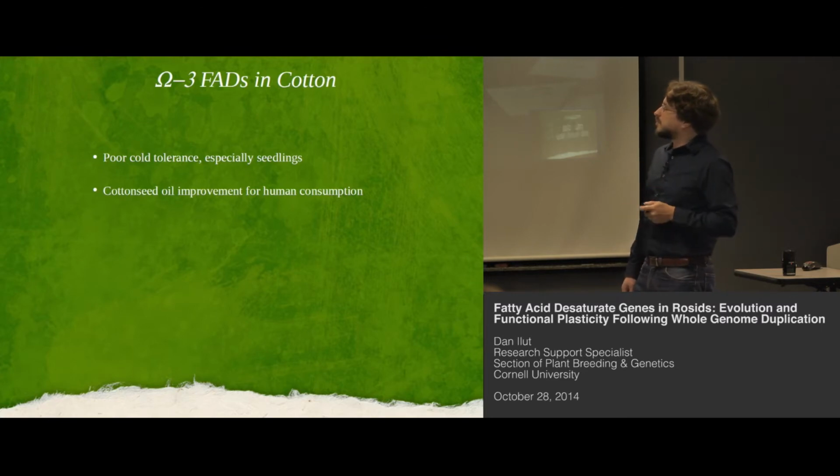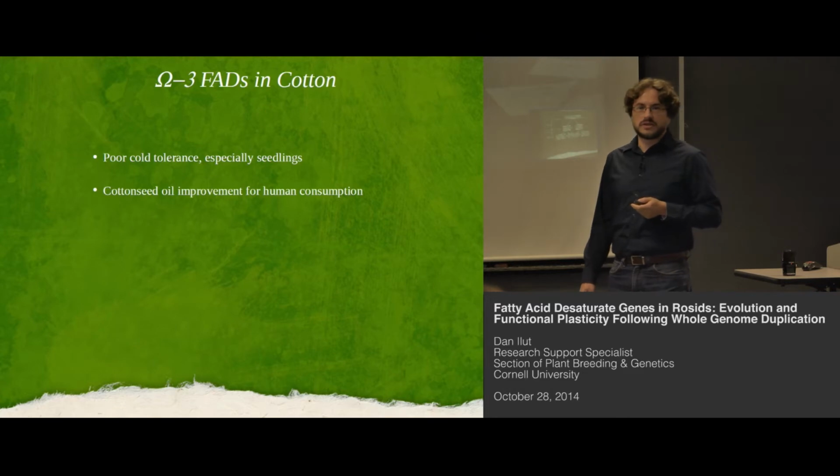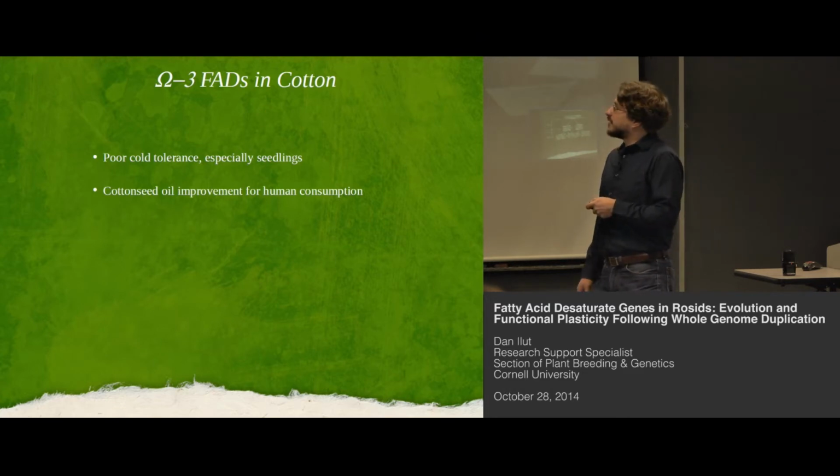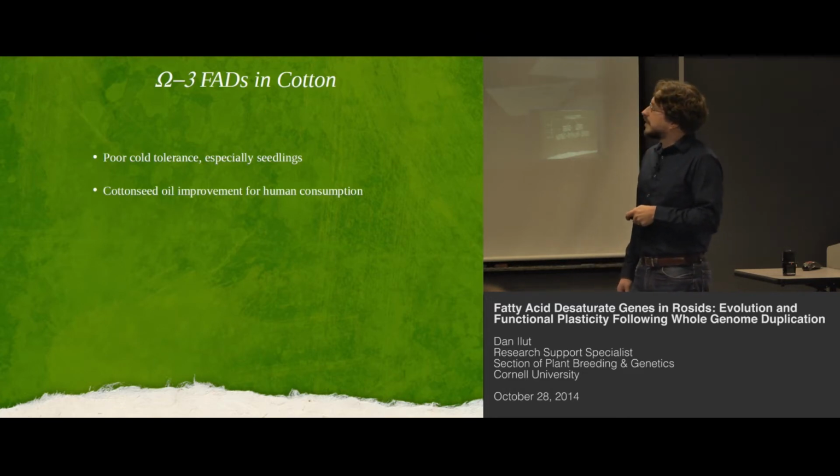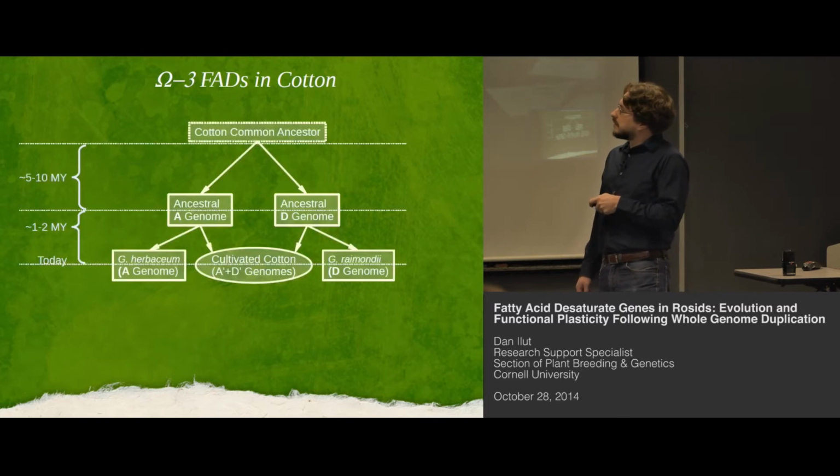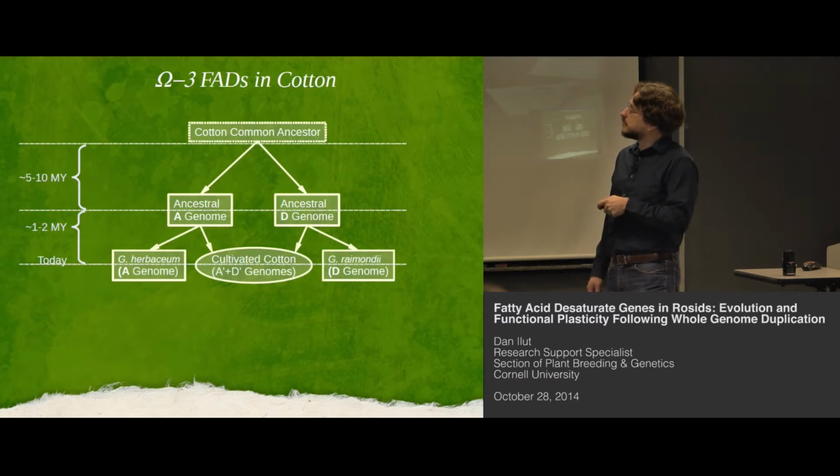So a brief introduction to cotton for those that are not familiar with it. Current cultivated cotton is down here, and it's a polyploid. And about 1 to 2 million years ago, there were these two ancestral cotton genomes that combined and formed a wild polyploid that eventually became the cultivated cotton.